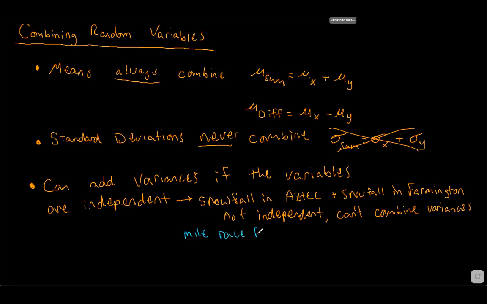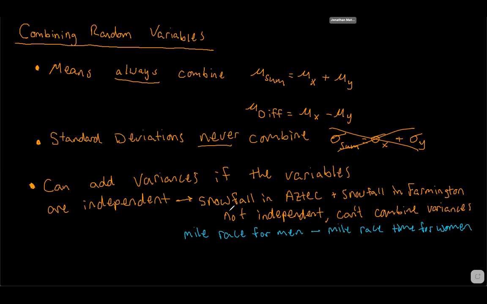Mile race time for men, to see on average how much faster they run the race. You could subtract the mile race time for women. Generally, this is going to be faster. You can subtract and find the average difference, right?